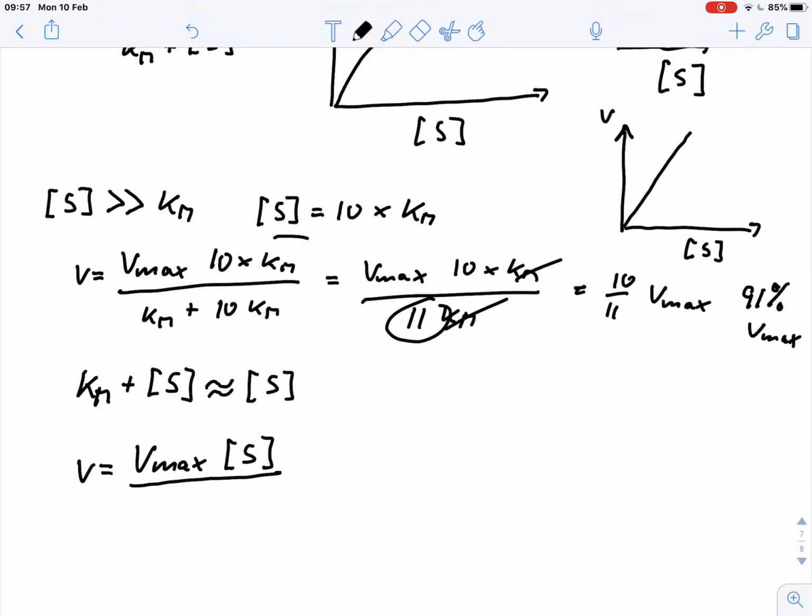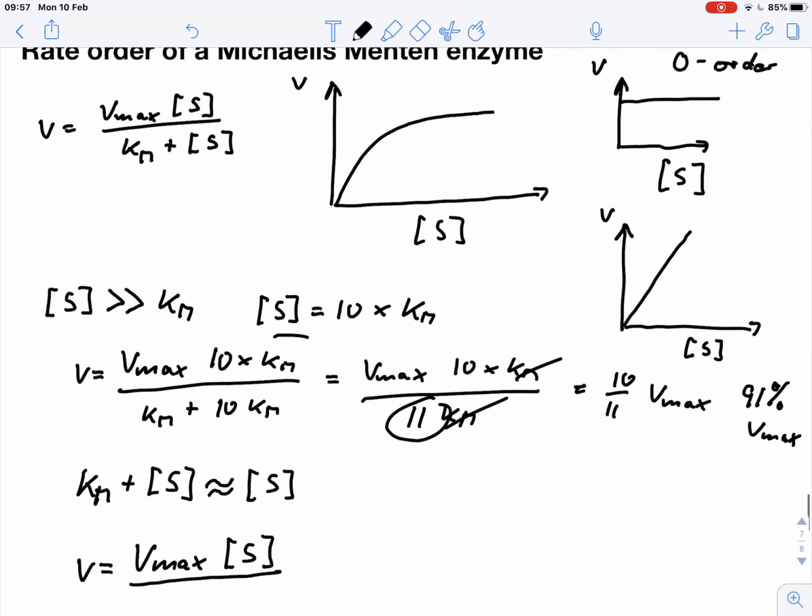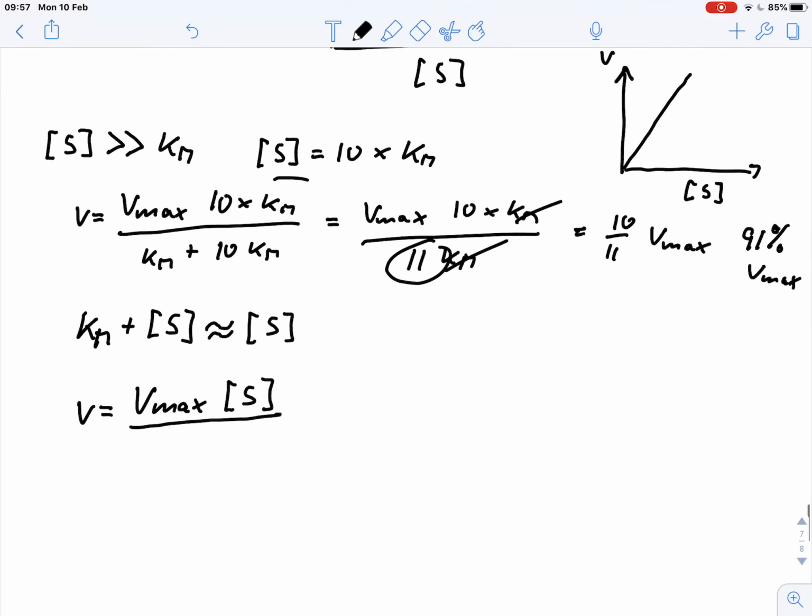But Km plus S we can simply substitute with close to S. We see that the S cancels out, so we have V equals Vmax. And if we assume that Vmax under given conditions is a constant, then all we have is that V is a constant.